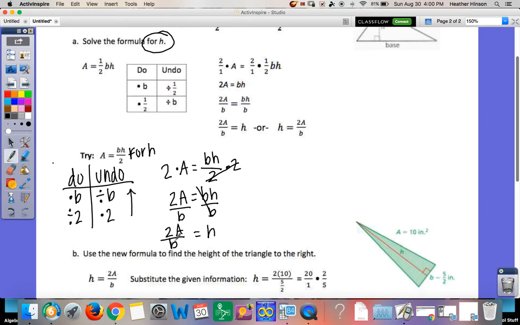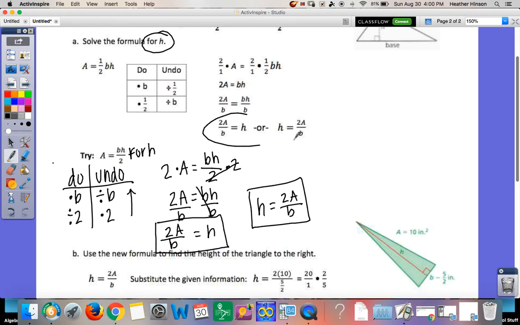So you still get the same thing we got up here. 2a over b equals h, or you can flip it around so your h is first, like most people write, and you still get h equals 2a over b, which is what they got up here. So regardless of how you write the equation in the beginning, you're still going to get the same formula in the end. So it doesn't matter which way you write it.